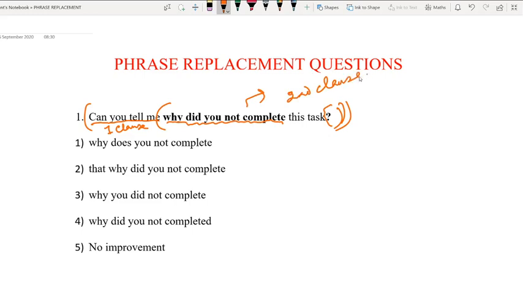Okay, let me repeat. Whenever you get an interrogative sentence having two clauses, the first clause starts with any modal auxiliaries and the second clause starts with a WH word.